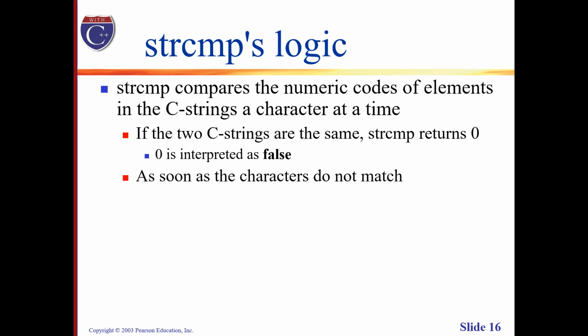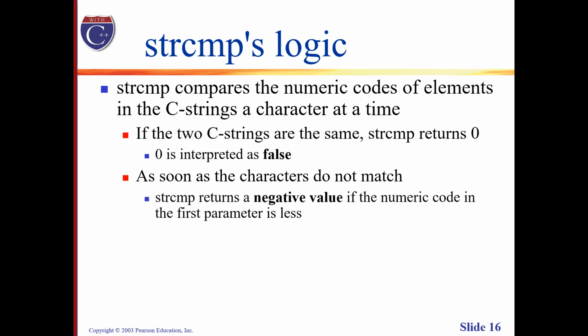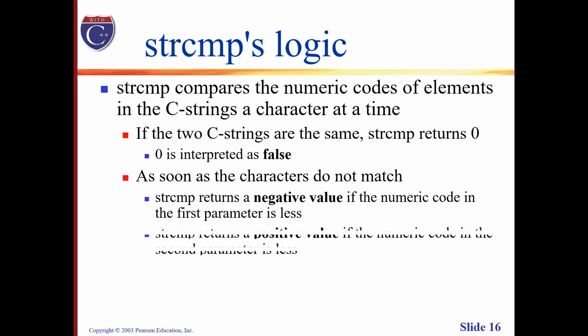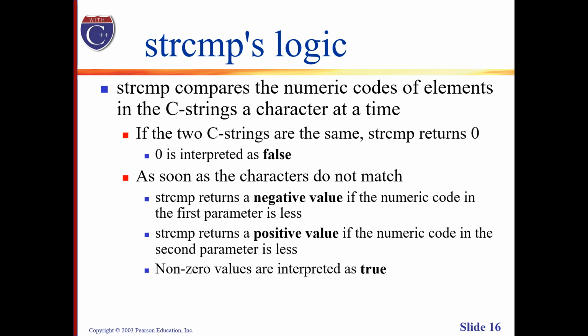As soon as the characters do not match, strcmp returns a negative value if the numeric code in the first parameter is less. It also returns a positive value if the numeric code in the second parameter is less. And non-zero values are interpreted as true. So that's how strcmp works.